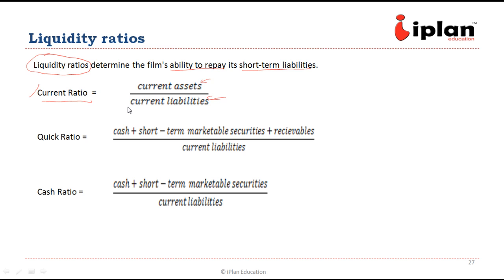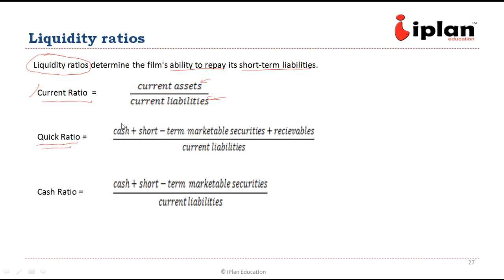But since current assets include inventory as well, the company may not be able to convert its inventory into cash immediately, whereas liabilities may require cash. So we need some other parameter which makes a provision for this. So we have the quick ratio. Here instead of current assets, we have cash, short-term marketable securities and receivables, but not the inventory.